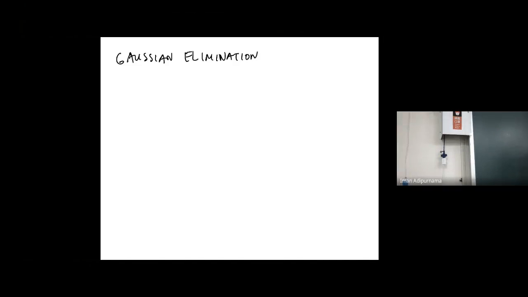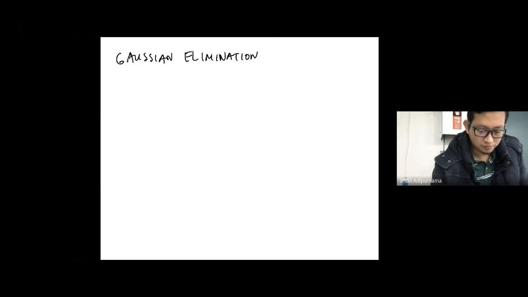The one who invented it is Gauss. He also invented the normal distribution, the Gauss function. If you want to look it up on Wikipedia or other sources, you can look up Gauss. I think he invented this elimination method when he was still a small boy, maybe 10, maybe still a child.